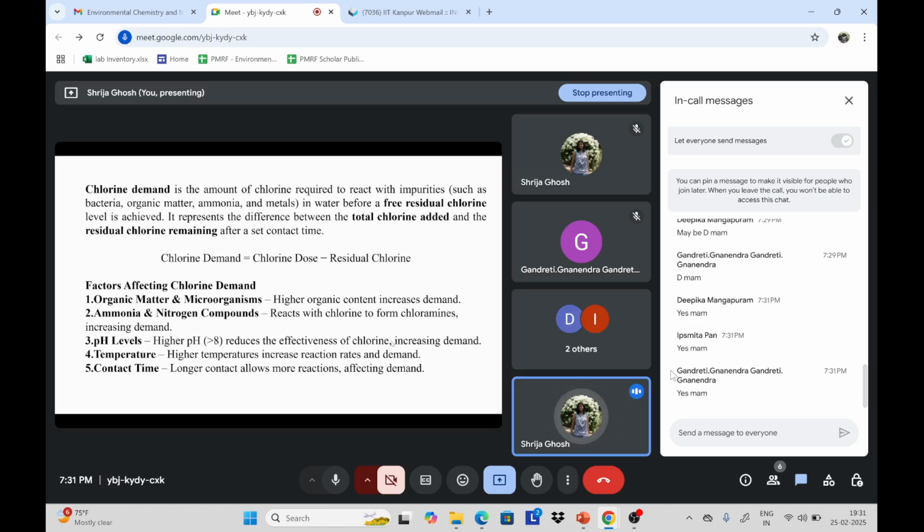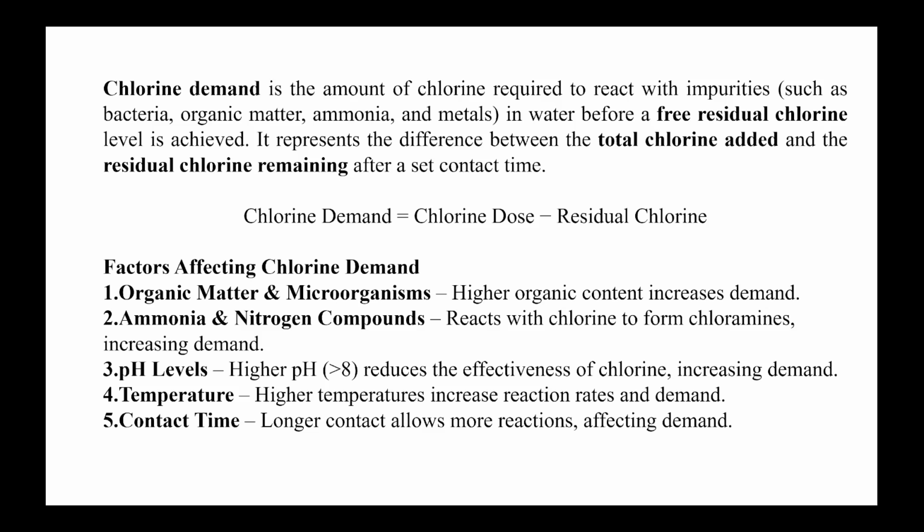Okay, and there are certain factors that affect the chlorine demand. First is organic matter and microorganisms. I told you that it is the amount of chlorine that is reacting with the impurities. So what are these impurities? Impurities are organic matter and different types of microorganisms. If we have a higher amount of organic content, or a higher number of microorganisms in the water, it will have a higher chlorine demand.